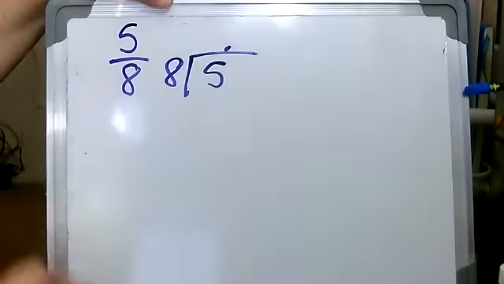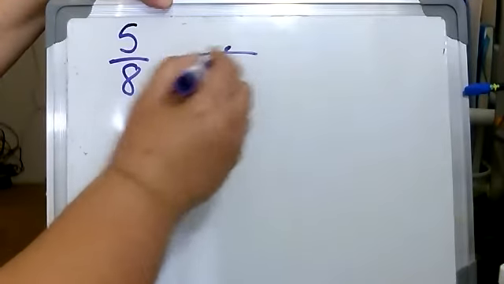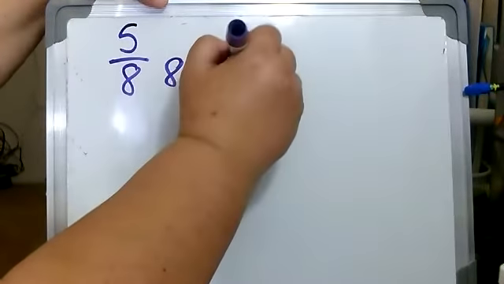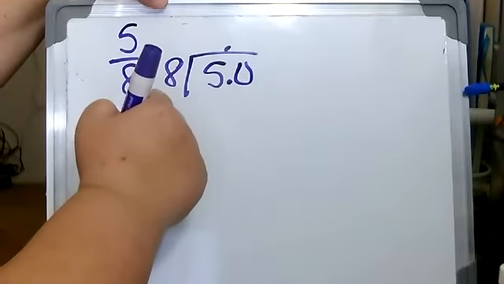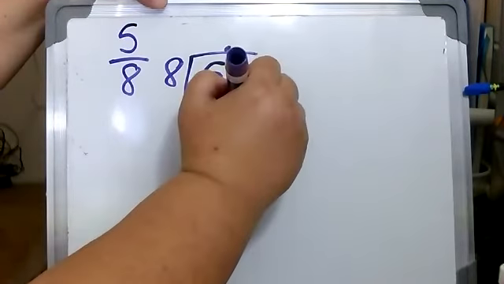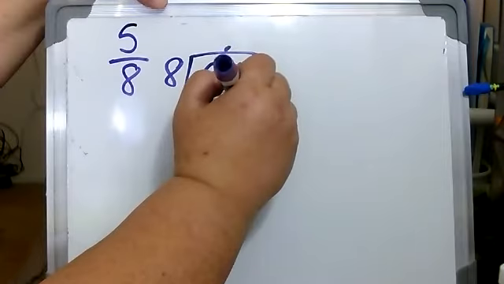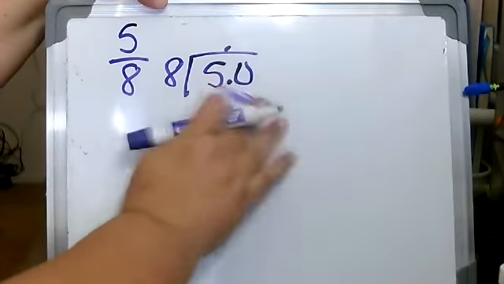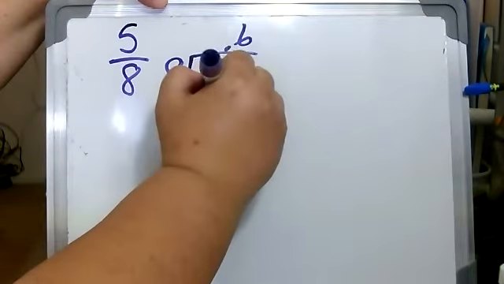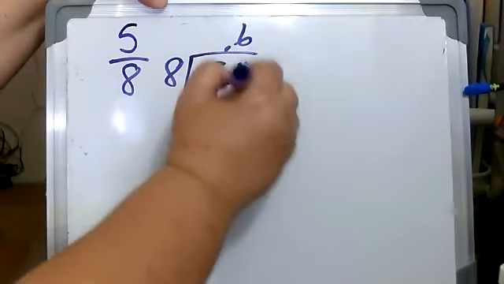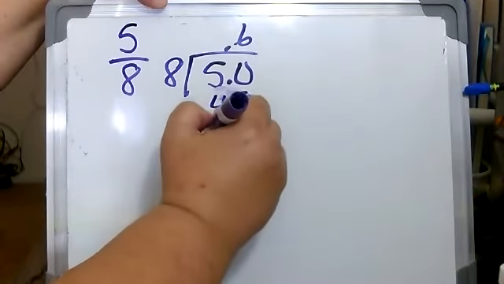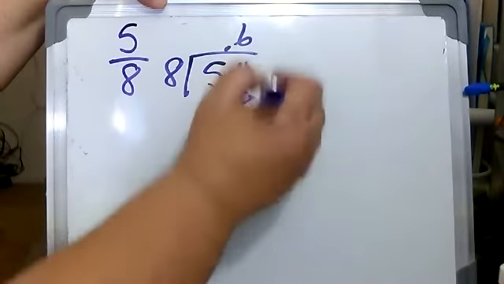You would still put your decimal up there because 8 does not go into 5, so you'd have to put a 0 here. 8 goes into 50, 8 times 6 is 48. 50 minus 48 is 2.